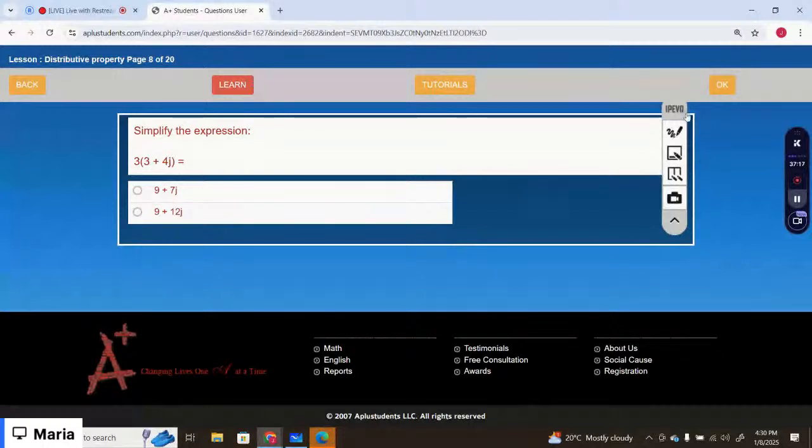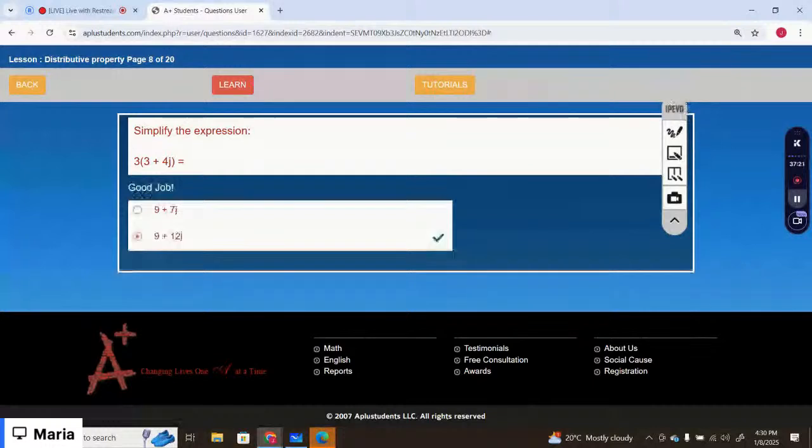That is 9 plus 12j. Option number 2 is the correct option.